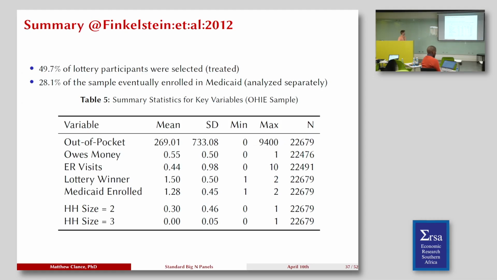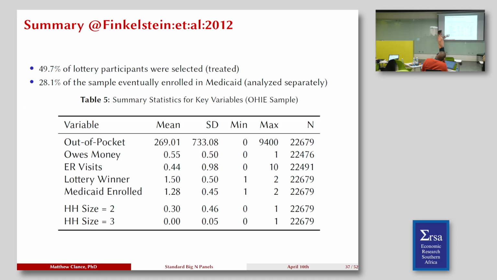Sorry. There should be something in there that says 49.7% of lottery participants were selected to be treated for our outcome. That measure should have been here, but something feels off, so I might have chosen the wrong variable. The problem in this case was also the 28.1% of those enrolled.